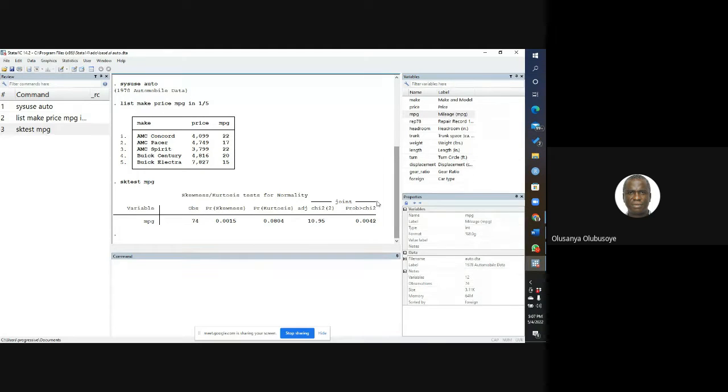So if the p-value that you obtain here is smaller than the level of significance, in this case 0.05, then you reject your null hypothesis and conclude that the MPG is not normally distributed.